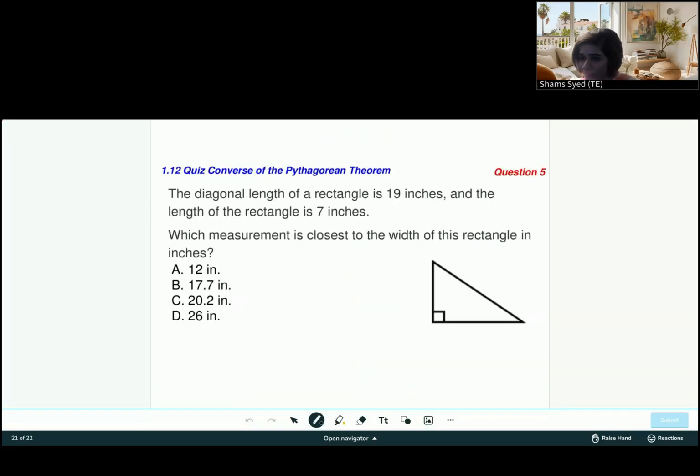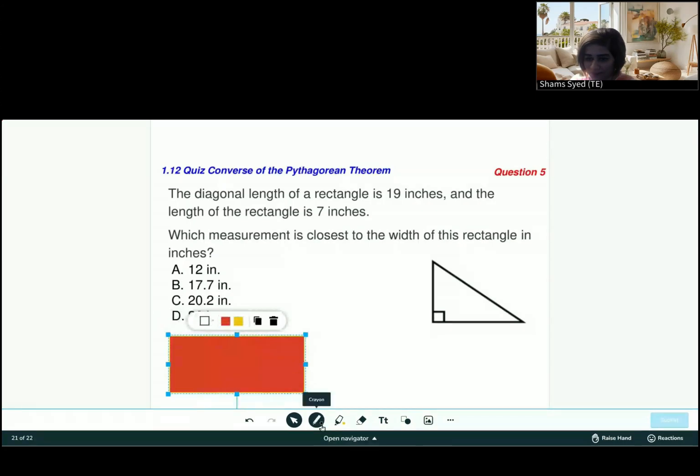The diagonal length of a rectangle. We need a rectangle again. Okay, here is the rectangle. The diagonal length means this way. The diagonal length is 19. If I think about the right triangle in it, this diagonal is 19, and the length of the rectangle is 7.